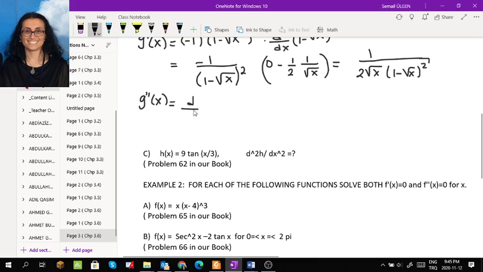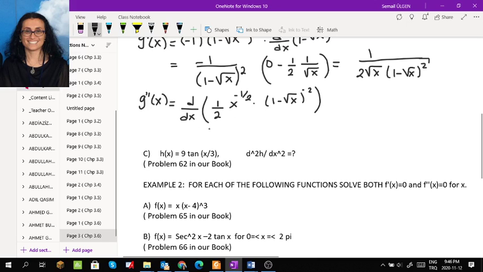I'm going to write this in negative powers. So 1 over 2 x to the negative 1 over 2, and here 1 minus square root of x to the negative 2. Okay, I want to use the product rule here.